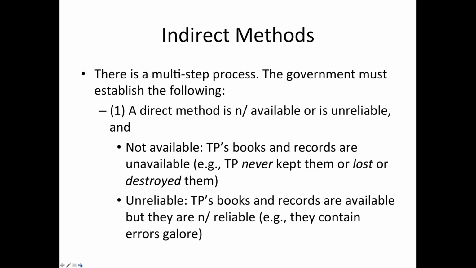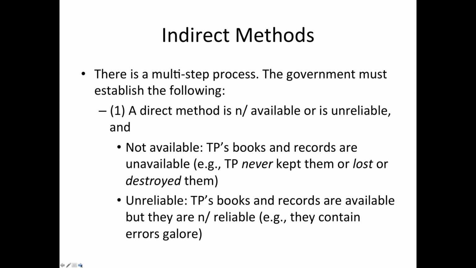There's a multi-step process here. The government has to establish the following. First, this is basically what I would refer to as the gate that the government has to pass through before they can convince the judge that an indirect method can be used in constructing the unreported gross income.